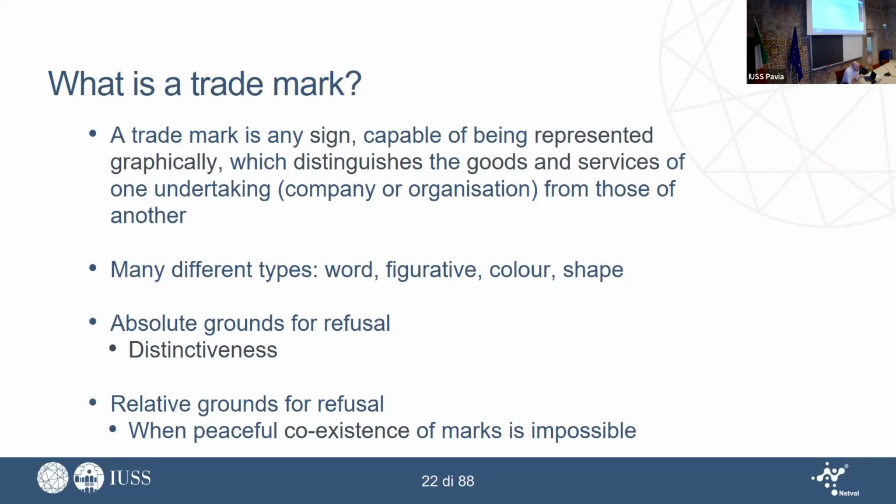Other motivations for the refusal are, for example, if the sign is contrary to public policy or violates state principles or morality. In this case, there's a really recent case from 2022 in Italy.